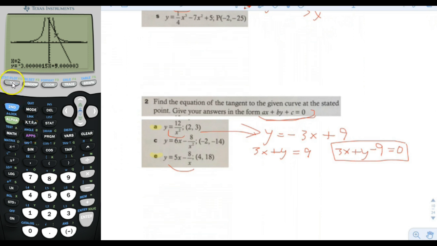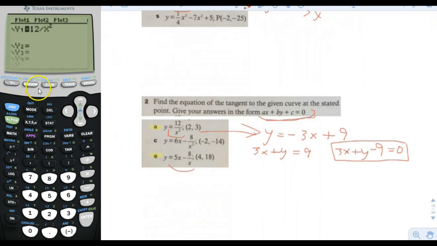we just program this in here. 5x minus 8 divided by x. Now, PEMDAS tells us that the 8 divided by x is going to be done first. You could put this in parentheses if it makes you more comfortable. Graph.